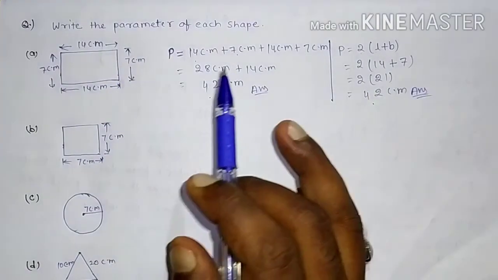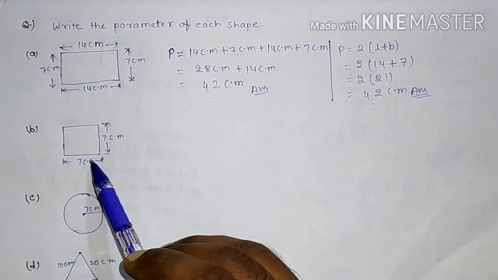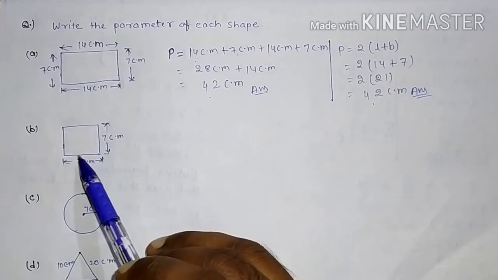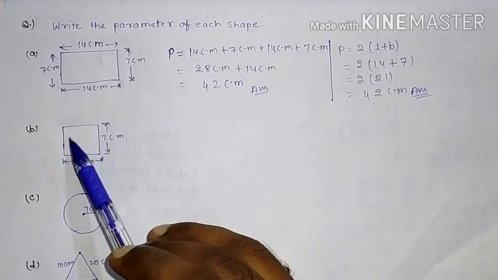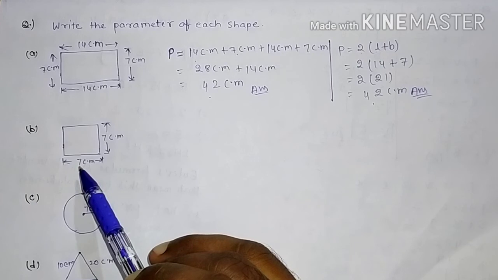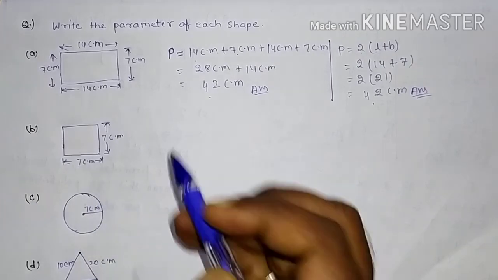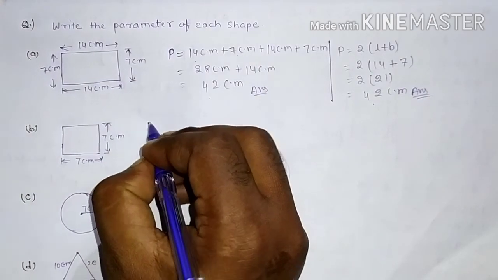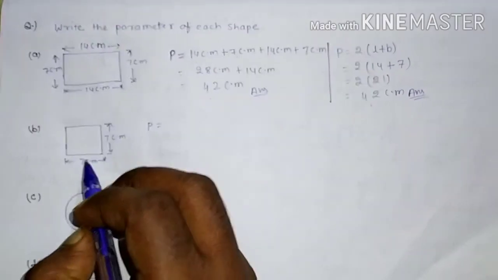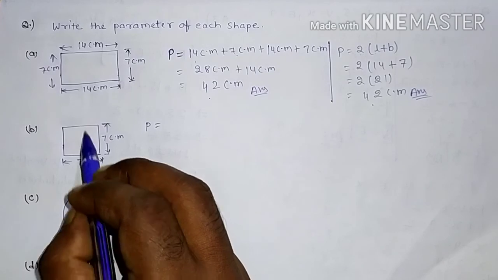Now this is very simple. Now the next one is a square given here, where we know that all the sides are equal to each other. So the measurement of the side is given, 7 centimeter. So simply we have to find the perimeter. We know that all sides are equal to each other in a square.